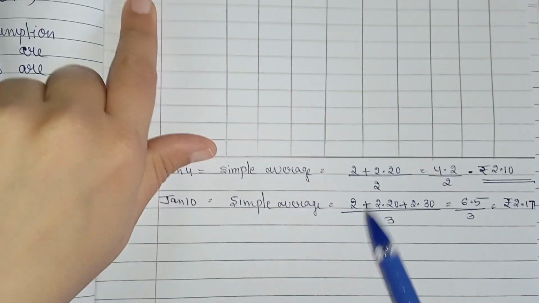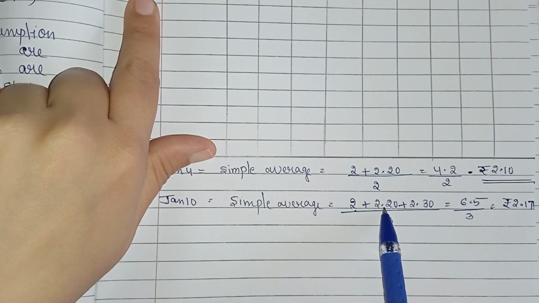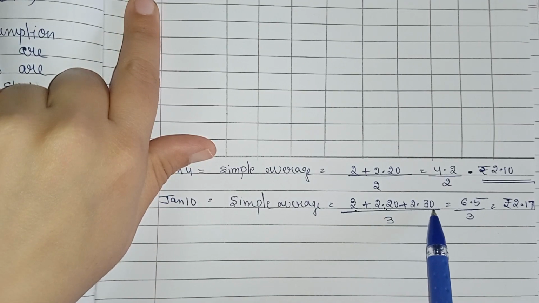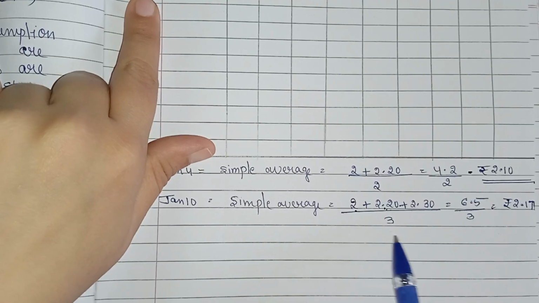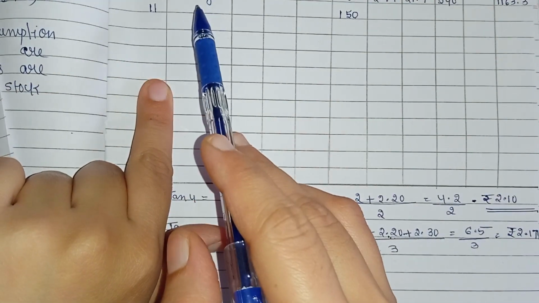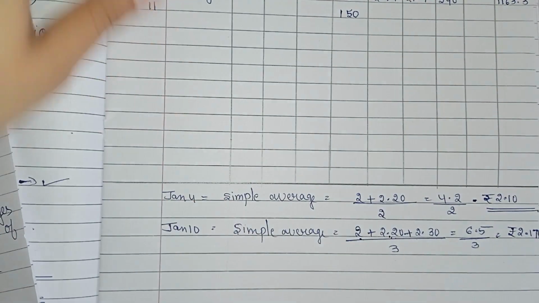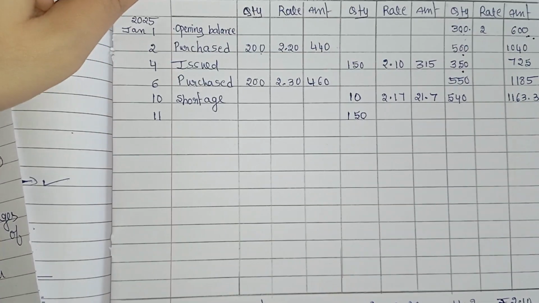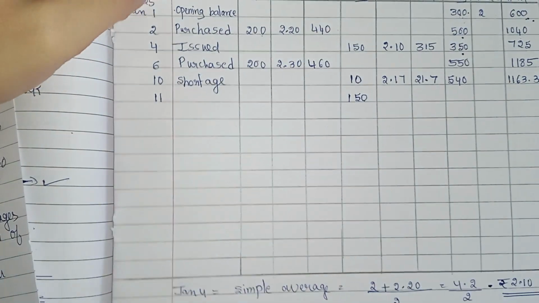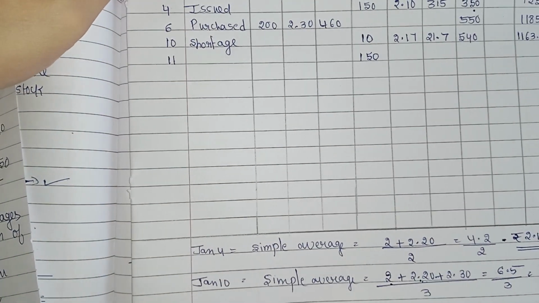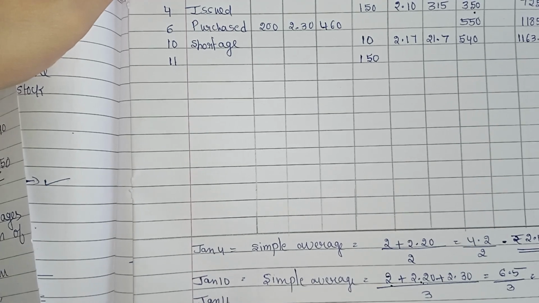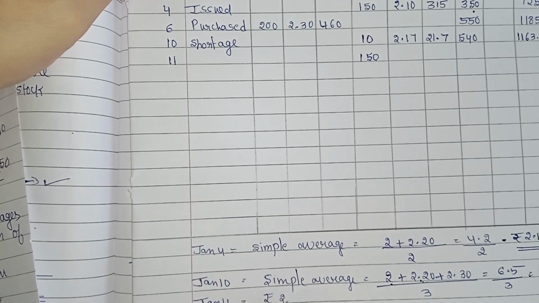Here the same simple average, 2 plus 2.20 plus 2.30 divided by 3. Here in between, after Jan 6, there is no any purchase. So here same rate we have to write down. So write down on Jan 11, that is rupees 2.17. Clear?